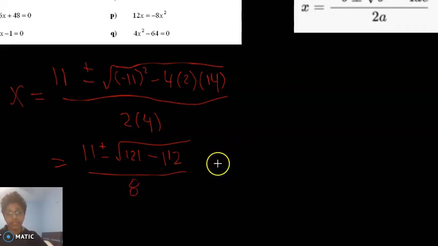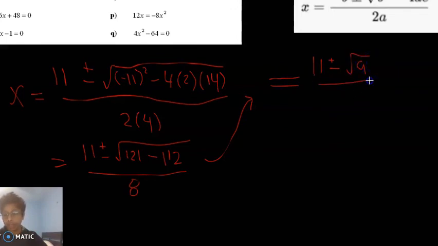Now we can simplify further. We still have 11 plus or minus the square root of 121 minus 112, which is the square root of 9, divided by 8.